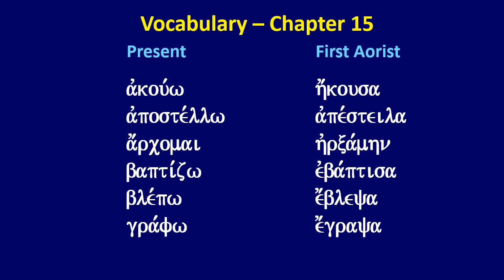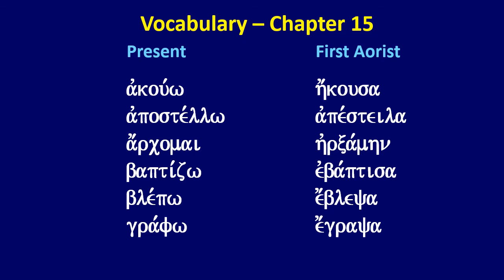A liquid consonant is just one of the 4 letters that are very fluid, that sort of roll off the tongue easily: lambda, mu, nu, rho. Those are liquid consonants, and that's why there's been a contraction. I won't get into the morphology of that, but I just want to point out that sometimes that happens.